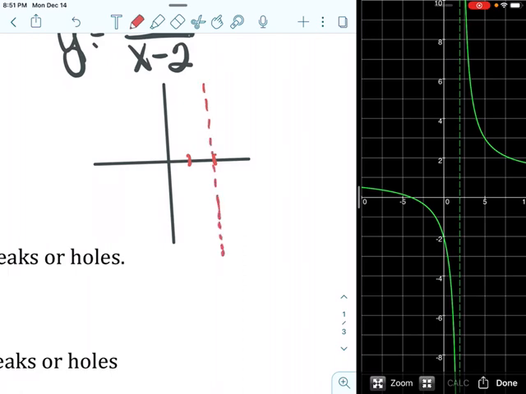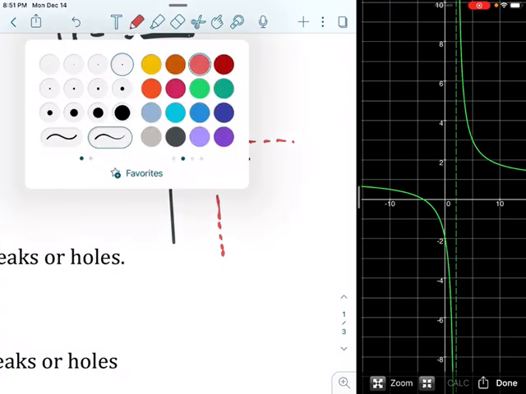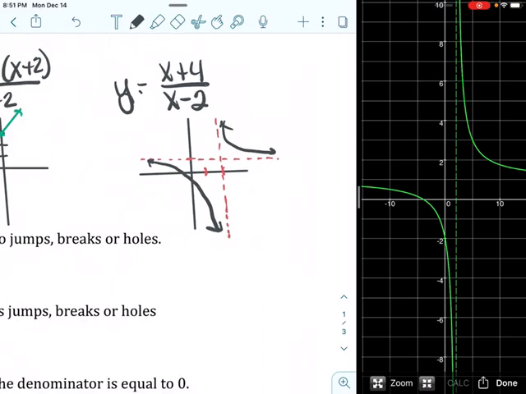And it does look like we have a horizontal asymptote at 1. Let's see. Yeah, it looks like 1. I'm not very good at these graphing wise. There we go. Looks like we have our two branches.